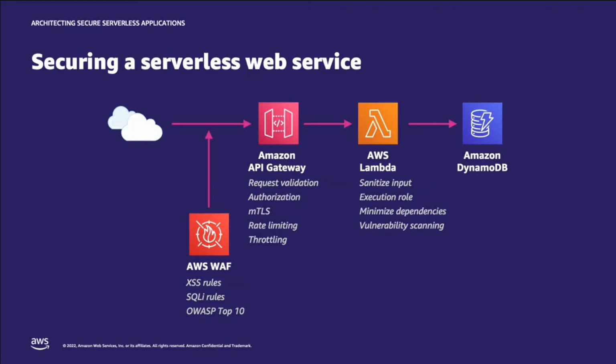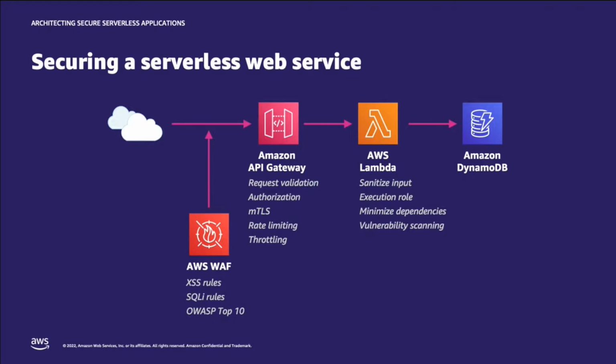For example, we can leverage web application firewall to mitigate DDoS attacks, right? Also cross-site scripting, SQL injection, and OWASP Top 10. On top of that, we can leverage some of the out-of-the-box features included within Amazon API Gateway, like mutual TLS, throttling, rate limiting, authorization, request validation, and so on and so forth.